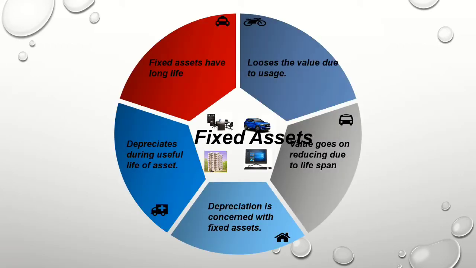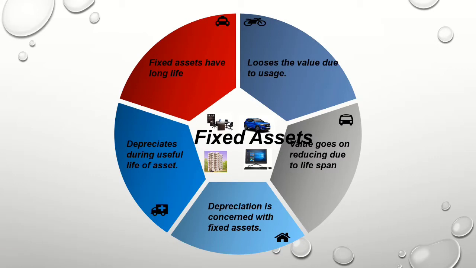You should know what fixed assets are in order to provide depreciation. Fixed assets are not fixed because of their geographical fixity. They are fixed in the sense that they are not completely consumed during production activity in a single accounting period. Fixed assets have a long life. They lose value due to usage.